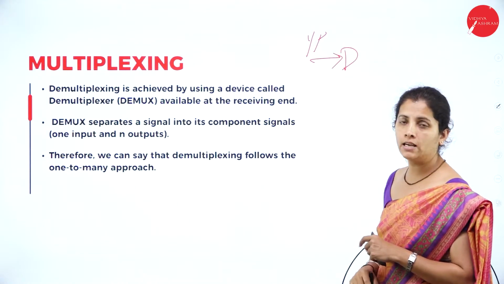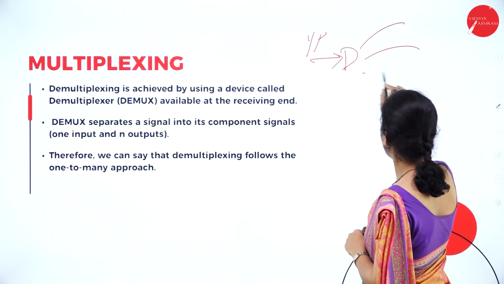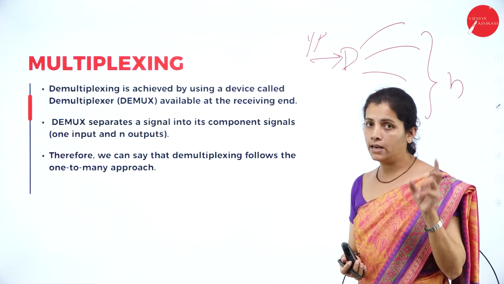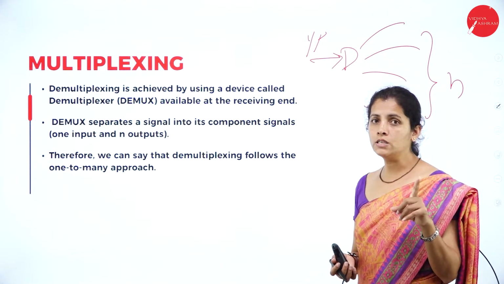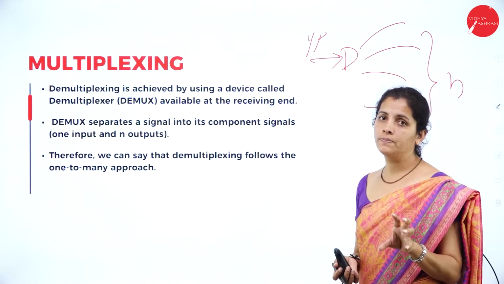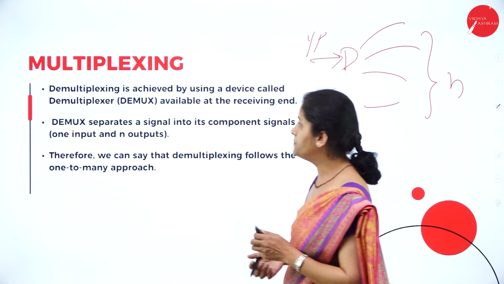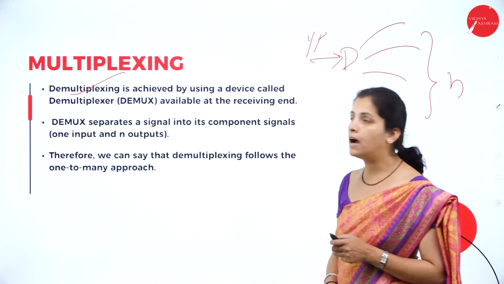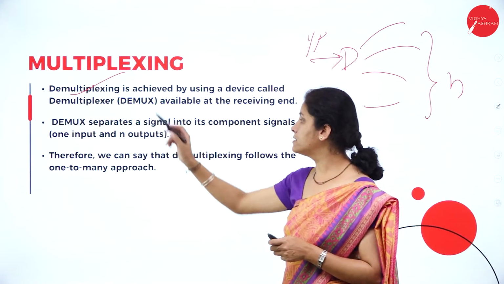One input channel. And how many outputs? N number of outputs. So at the sender side, I'm going to use a multiplexer, but at the receiver side, I'm going to use a demultiplexer. Demultiplexing is achieved by using a device called a demultiplexer.